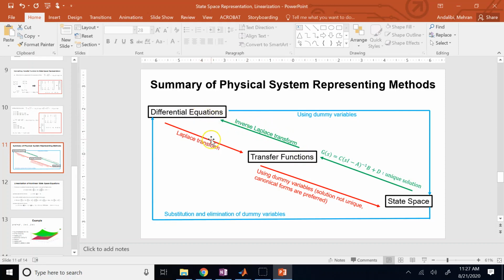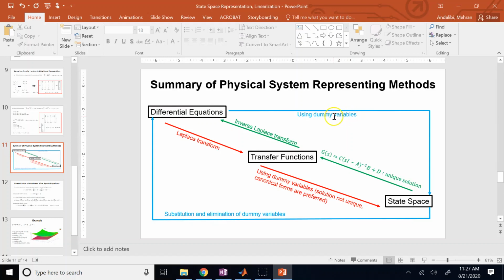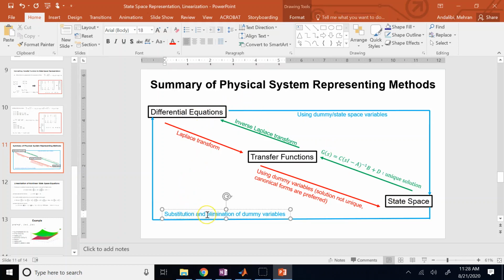We have done that. Now, when you want to go from differential equations to state space, I use what? I use dummy variables, or state variables, if you want to call them that, right? And I can go from differential equation to state space. Can I go back from state space to differential equations? Yes. I have to substitute and eliminate these dummy variables.